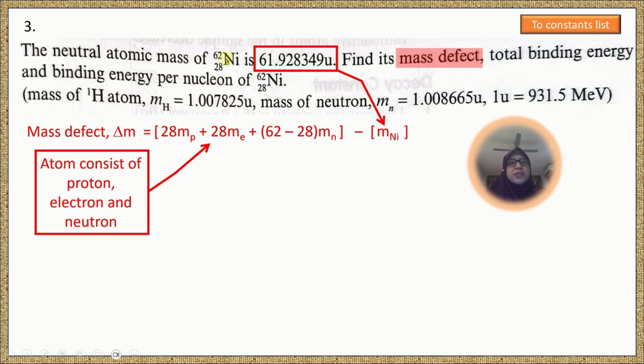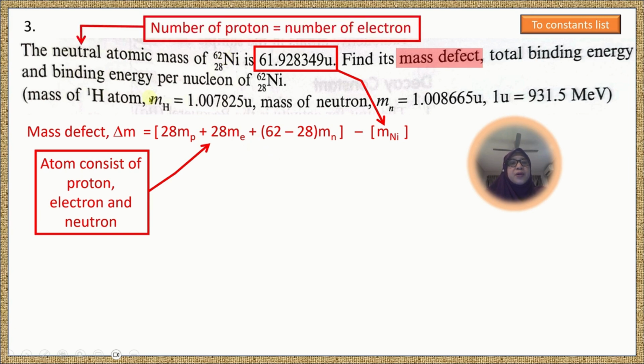So 62 is the number of nucleons. We know it is neutral, so the number of protons and electrons is the same.